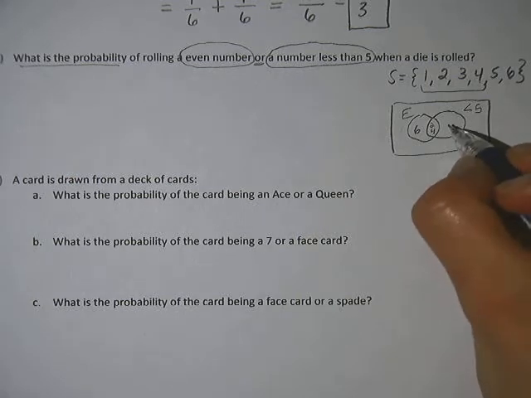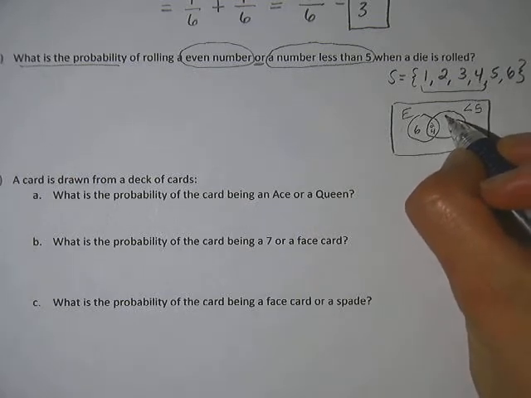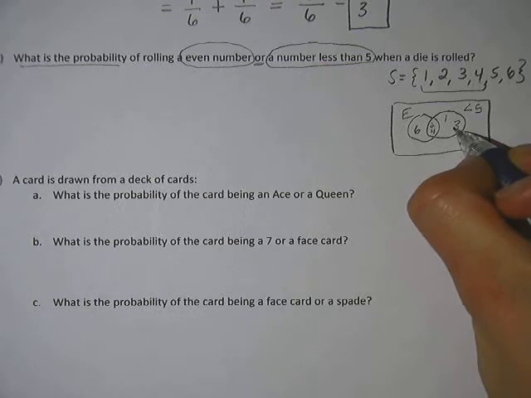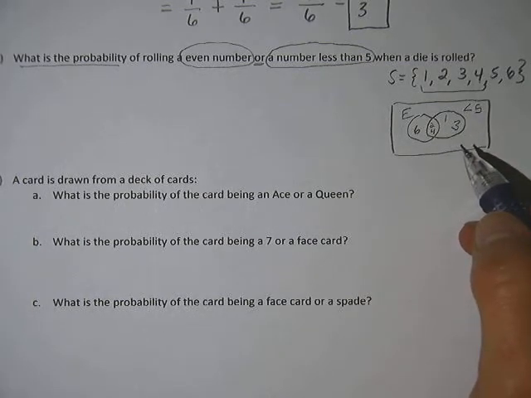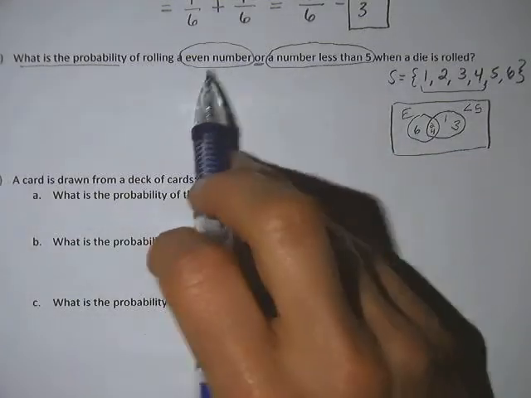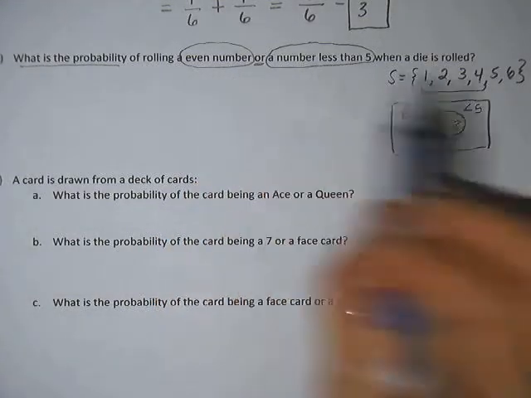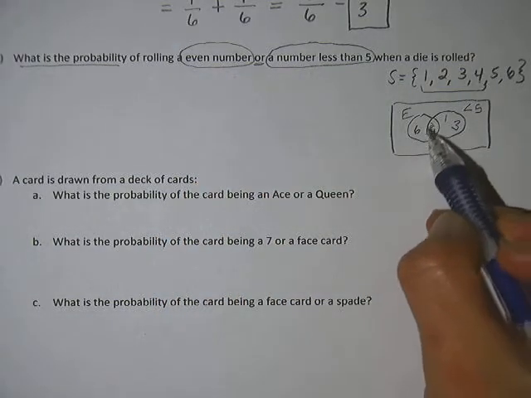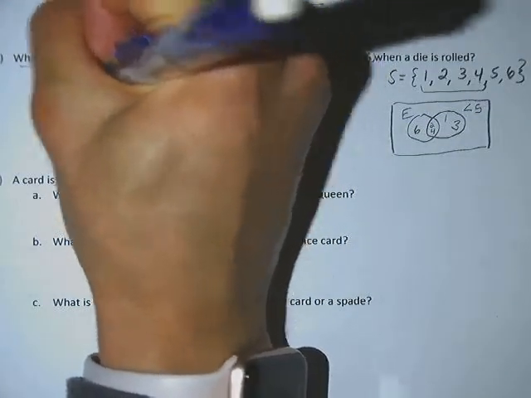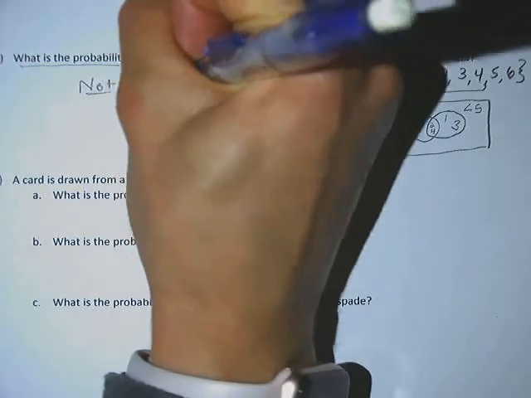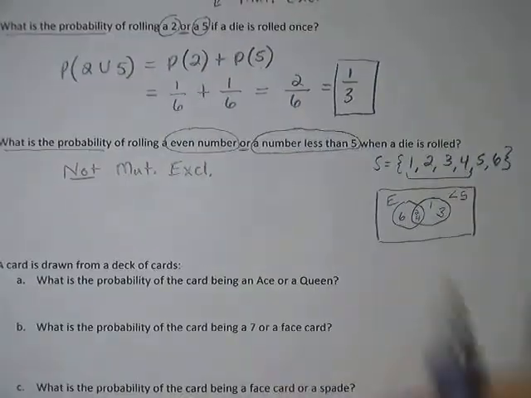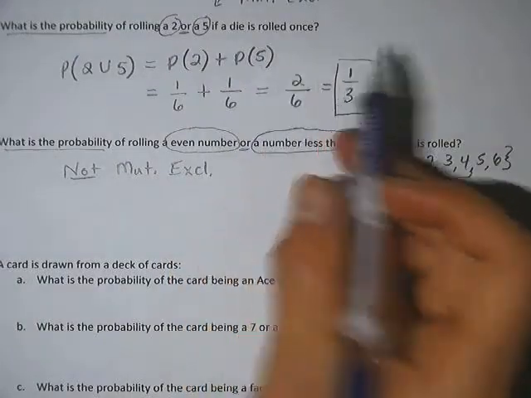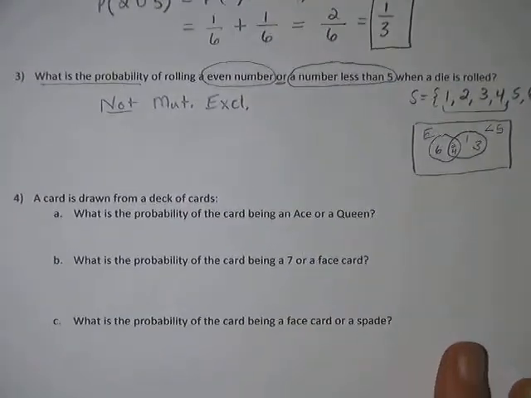And then the other numbers that are less than 5 would be 1 and 3. Okay, and so that's representing our situation here. So if the question is, are these mutually exclusive or not? Well, since they can happen at the same time, these two events are not mutually exclusive. So what that means is you're going to add the probabilities, but then you have to remember to subtract that part where they overlap. All right.